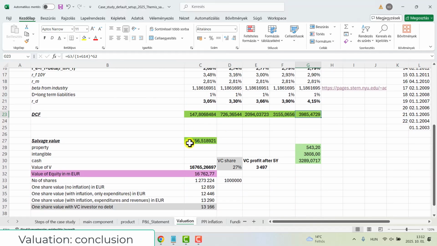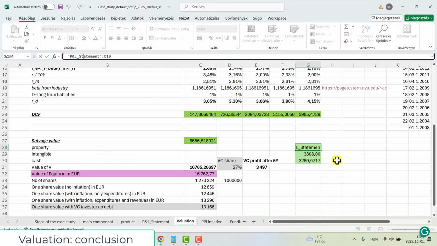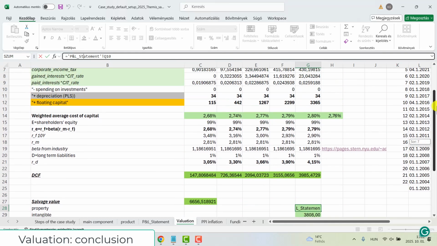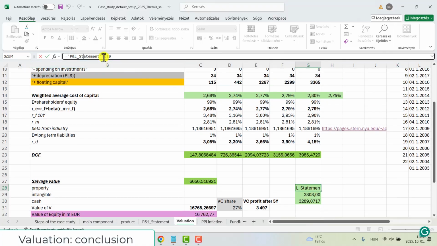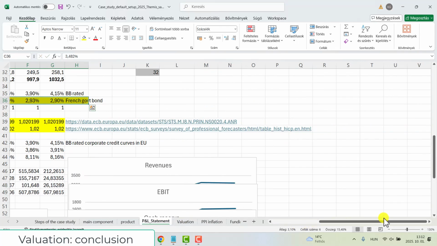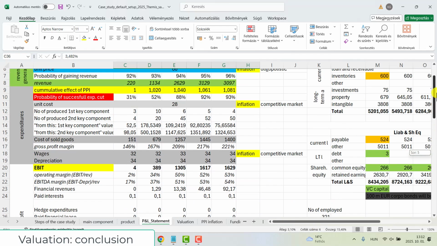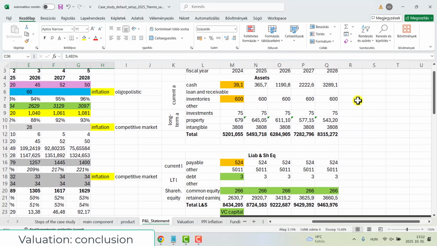Then salvage value. So we have to see in case of property, we have to evaluate everything in the far future. So that's why profit and loss statement Q10.